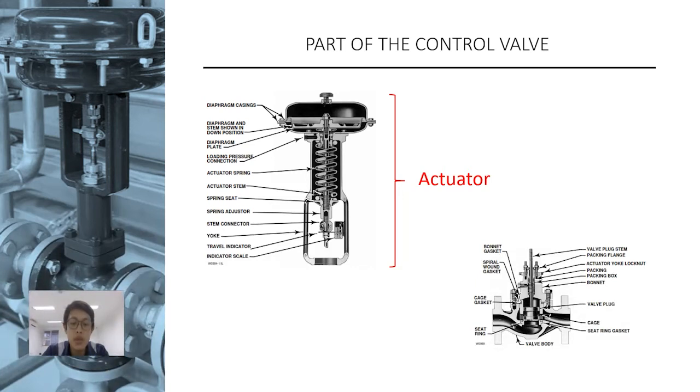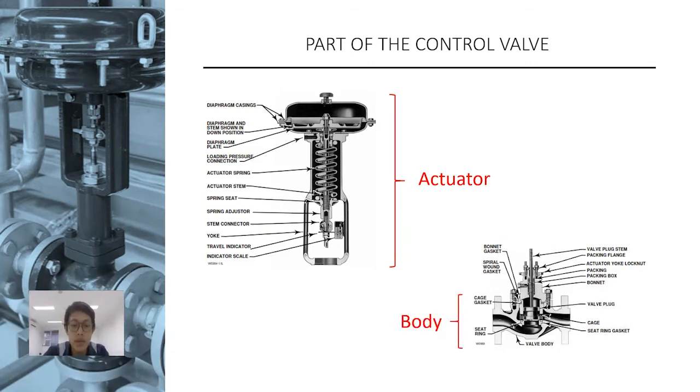So the actuator is the part of the control valve that allows the valve to work according to the input received from the controller. There are several types of control valve based on the actuators, such as pneumatic actuator, electric actuator, hydraulic actuator, manual actuator, and digital electronic actuator.